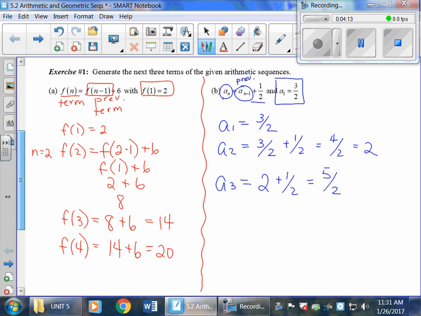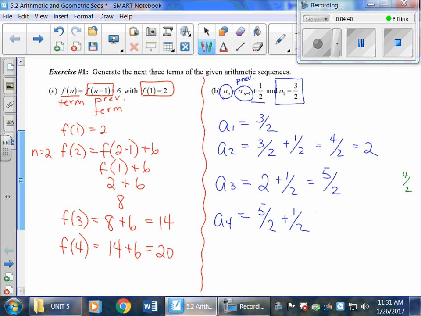So remember, when you're doing this, you can do it in your calculator, or you can convert your 2 to 4 divided by 2, because that's the same thing as 2. So 4/2 plus 1/2 is equal to 5/2. Let's take that out so I don't confuse you. All right, so now we need one more. We need a sub 4 is equal to the previous term plus 1/2.